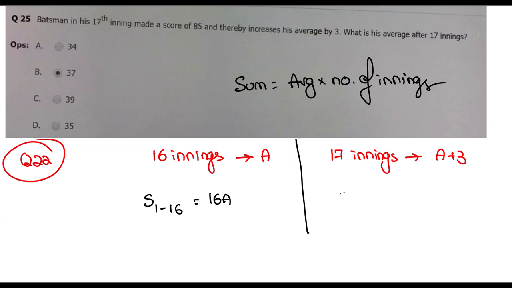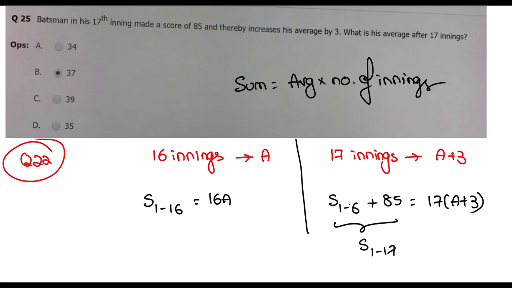Whereas for 17 innings, 16 innings plus 85 in the 17th innings is equal to 17 into A plus 3, guys. Are you understanding how I wrote this equation? The 17 innings score, S1 to 17, is 1 to 16 plus the 17th innings score 85, equal to 17 into A plus 3.